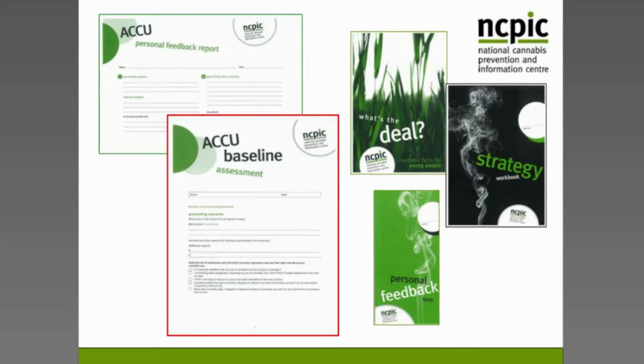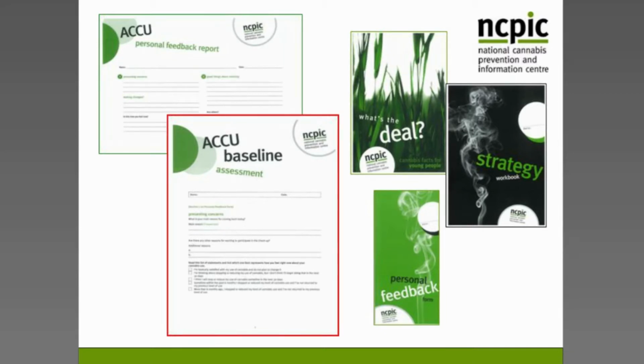And now these are the things that go with the ACCU. These are the things that you will need if you want to deliver the ACCU. As you can see, the one with the red outline is the first thing, which is the assessment. Behind that, you can see the personal feedback report.